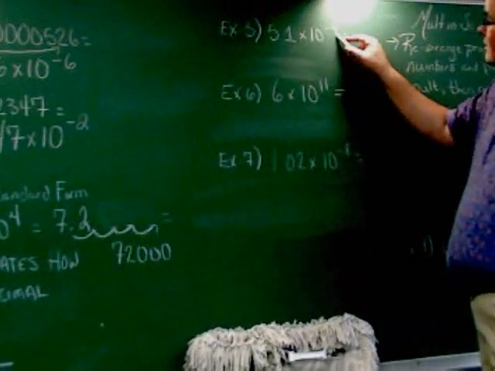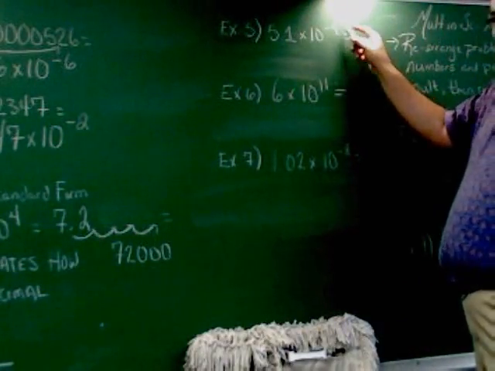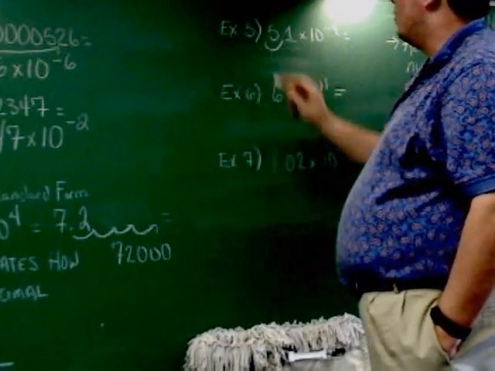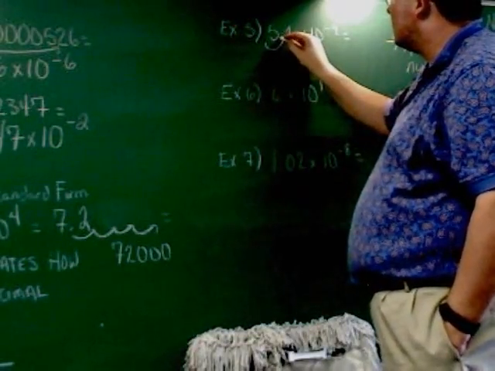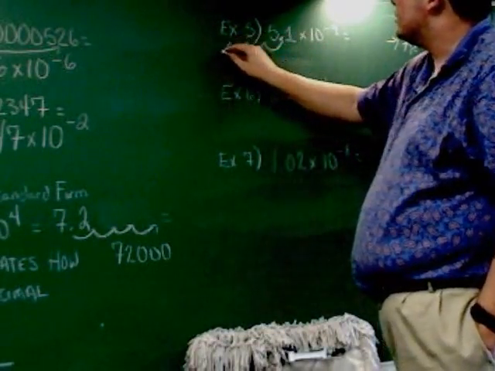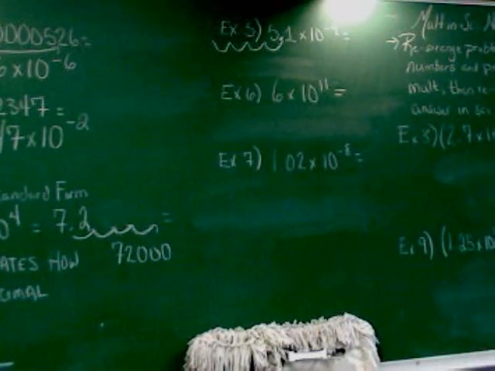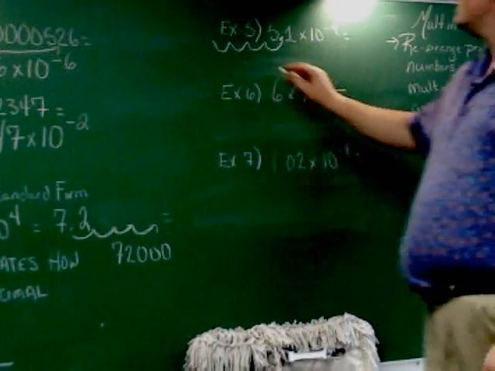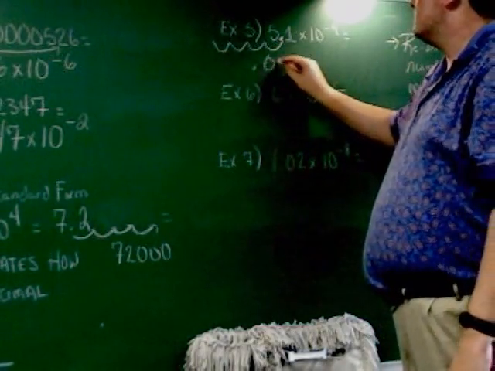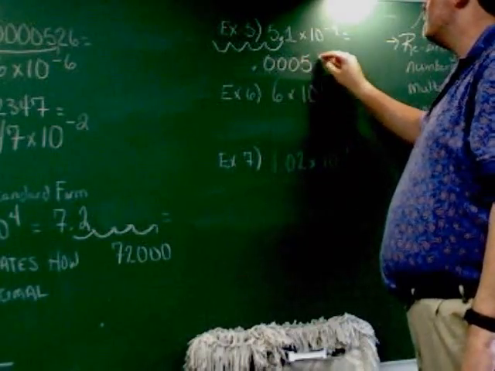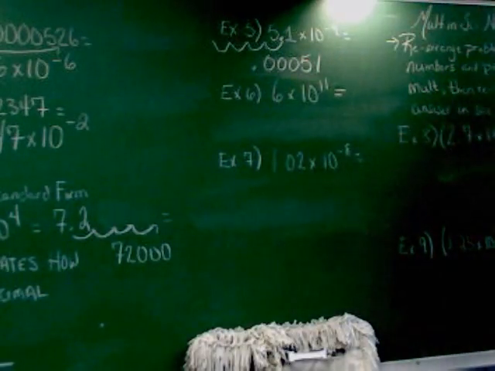So I'm going to have to take this and go 4 times to the left. That's why it's negative 4. So I've got 1, 2, 3, 4. Now, as you can see, I have 3 empty hoops. Same rule. You just put zeros there. So it's 0.00051. Ta-da.